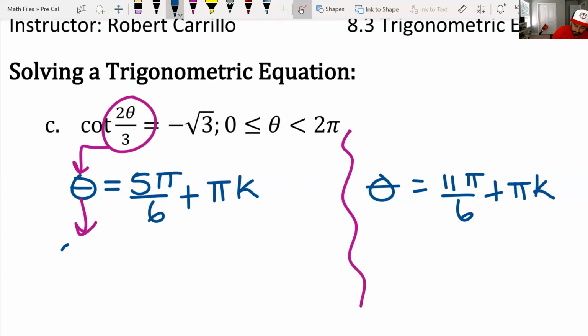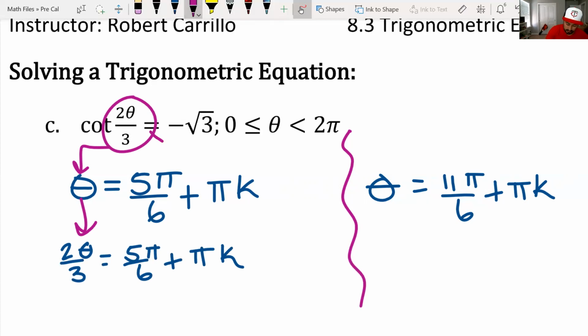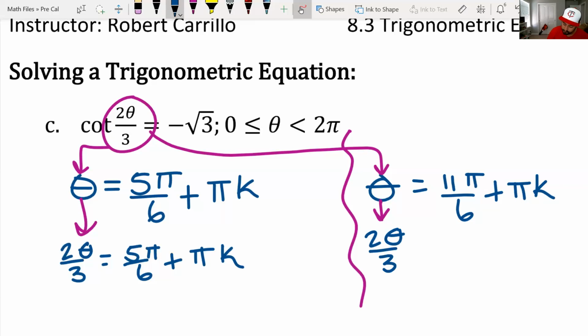So you have 2 theta over 3 equal to 5 pi over 6 plus pi k. Same thing. This goes in for that theta. And this becomes 2 theta over 3 equal to 11 pi over 6 plus pi k.